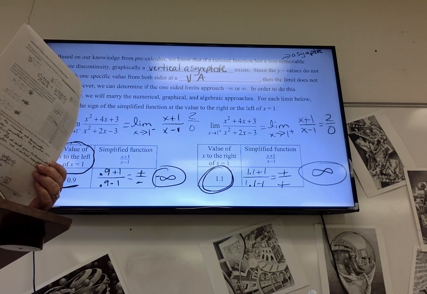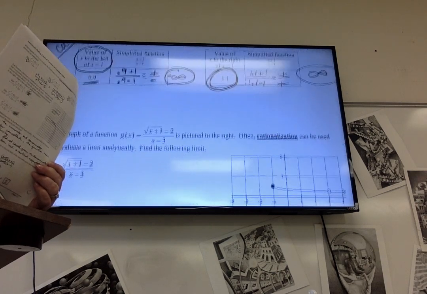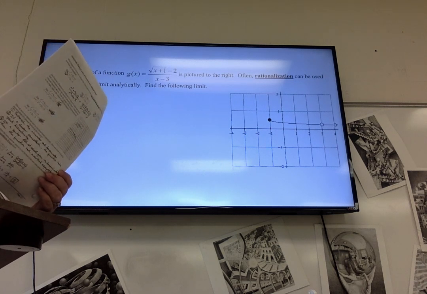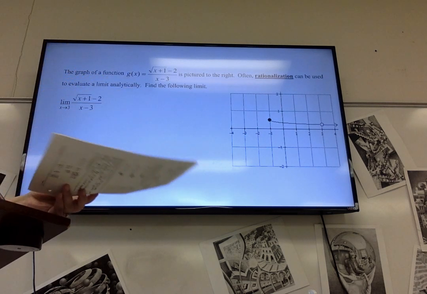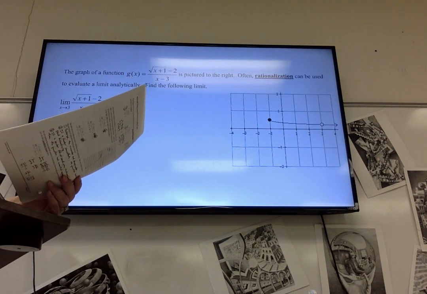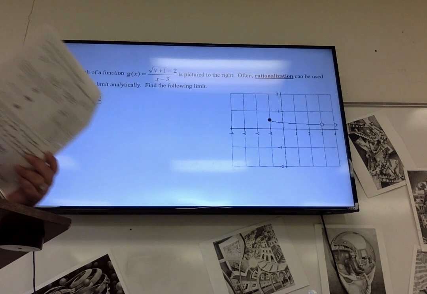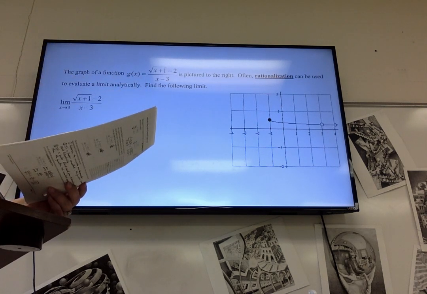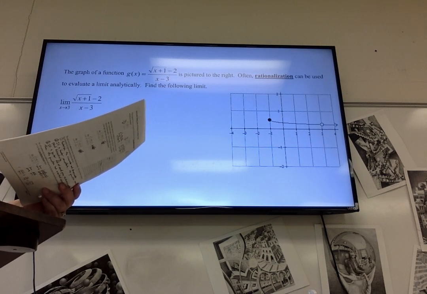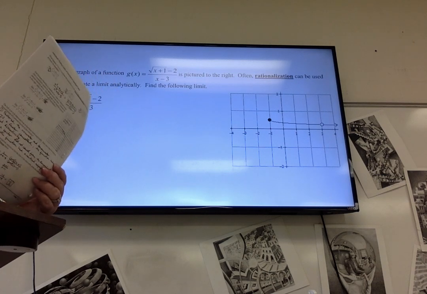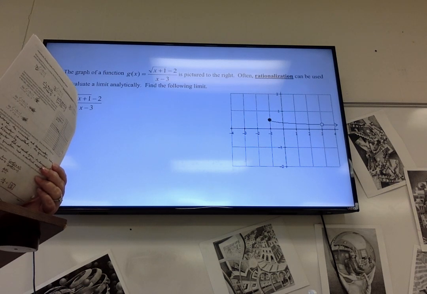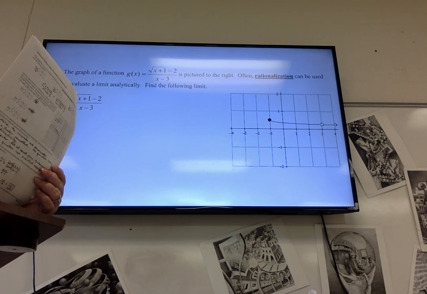Alrighty then. The next one. Notice this is a square root function. We've been doing this in pre-cal. Actually, it's funny. They go hand in hand right now. And we've been graphing those, so the graph is already there for us. So we are going to do this limit. Now, I can look at this graph and kind of guesstimate the answer based on the graph.